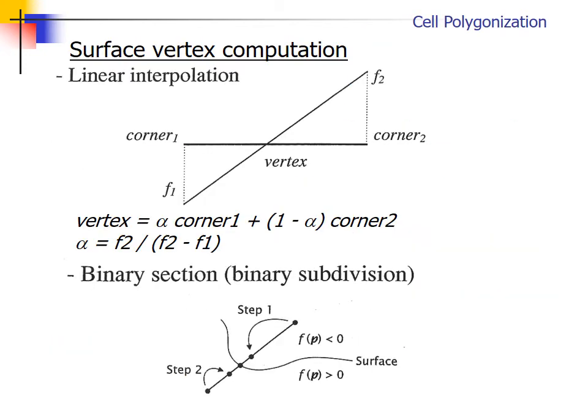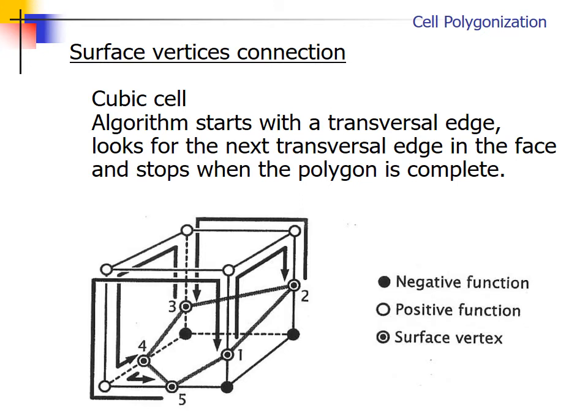For surface vertex computation, linear interpolation and binary section, binary subdivision, can be used. The surface vertices connection algorithm starts with a transversal edge. Look for the next transversal edge in the face and stop when the polygon is complete.